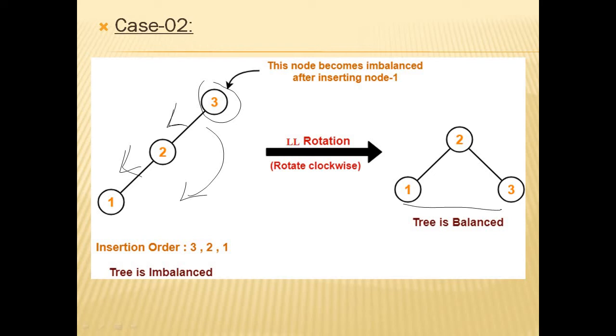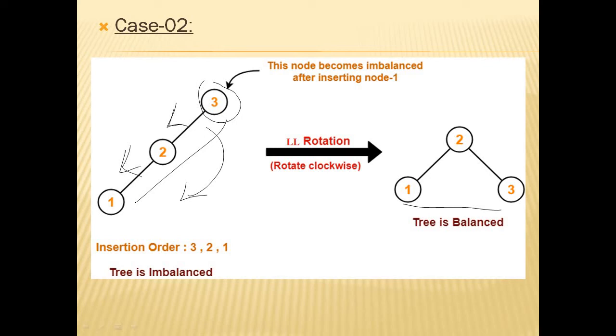You should know these things. RR rotation is applied anti-clockwise, LL rotation is applied clockwise. So wherever you find imbalancing, we need to choose in this way, depending on whether the imbalancing occurred in LL or RR or LR or RL.